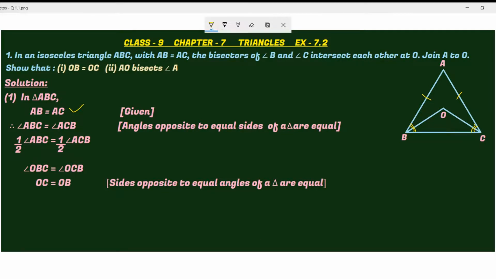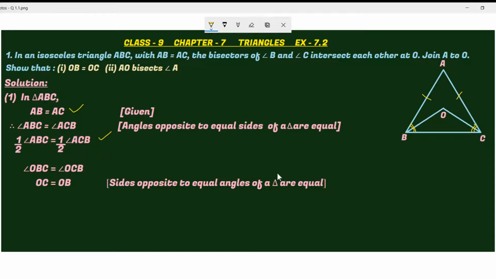Next, half of ABC is equal to half of ACB because OB is the bisector of ABC and OC is the bisector of ACB. So I can write half of ABC is equal to half of ACB.